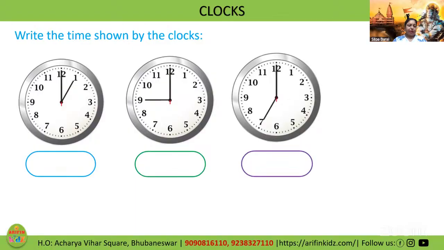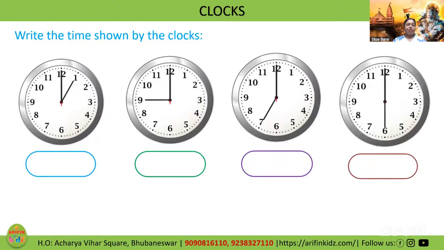Then all of you see, the hour hand is at 7 and the minute hand is at 12. So it is called what, beta? This is called 7 o'clock. Very good. Now all of you can check what is the time. The hour hand is at 6 and the minute hand is at 12, so it is called, beta, 6 o'clock.